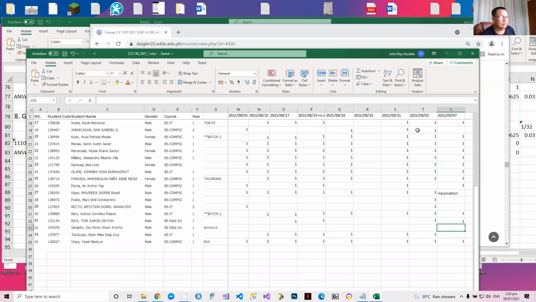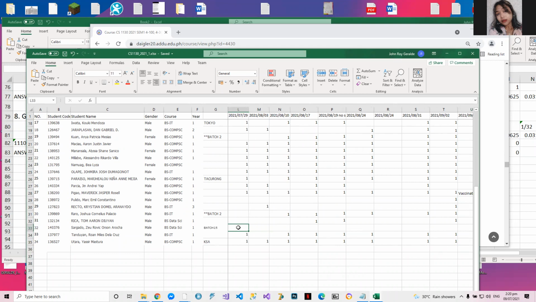Sargado, you already have a baby. Tanduyan. Okay. Parsha, you had vaccination last meeting. Sir, Sargado has transferred, sir. Transferred already? Okay. Who else was vaccinated last meeting?